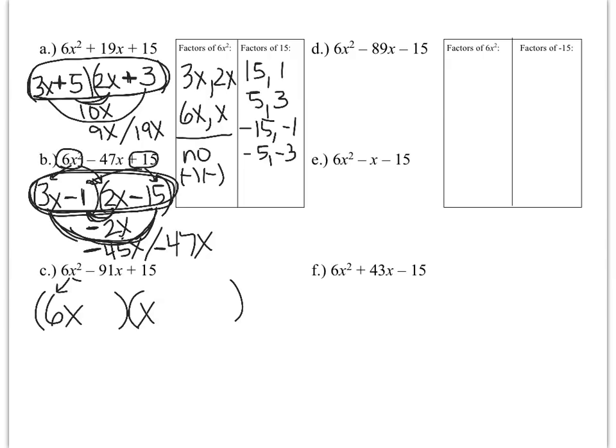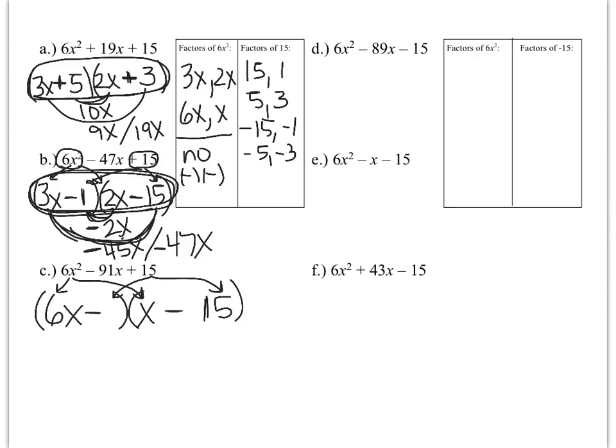That times that gives me the 6x squared. Whatever goes in the last spaces of your parentheses has to give me 15. I'm trying to get negative 91 in the middle, so my signs in here, they have to both be minuses, right? Because a negative times a negative is a positive, but a negative plus a negative is a negative, and you're adding to get the inside part. So again, I'm trying to get negative 91, so I'm going to put the 15 here over to the right, because 15 times 6 is going to give me a pretty big number.